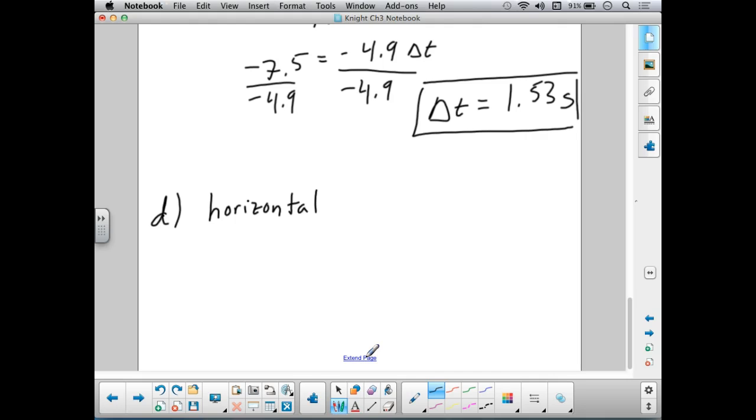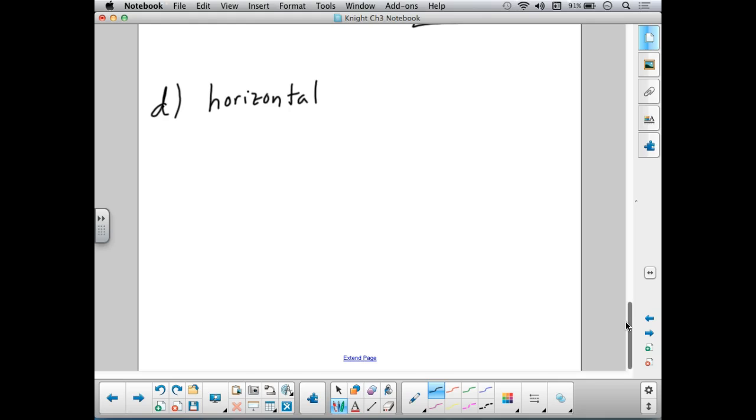If we're being asked how far something is going to travel, its range, then we're talking about its horizontal motion. So let's just write our displacement acceleration equation in the horizontal direction. I have delta x equals the initial x velocity times delta t plus 1/2 ax delta t squared.